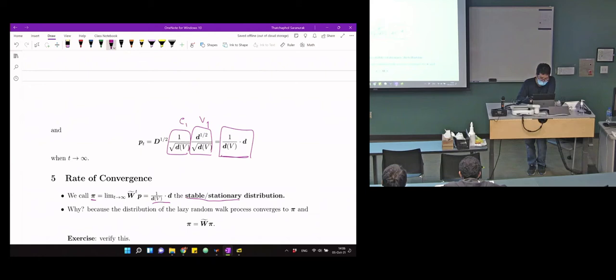The reason behind the name stable or stationary distribution is that usually the name means it's a fixed point. But actually we know that for every graph, there is a limit too.